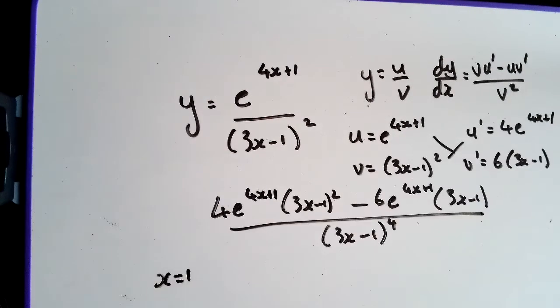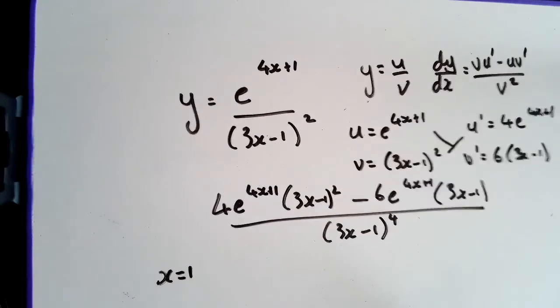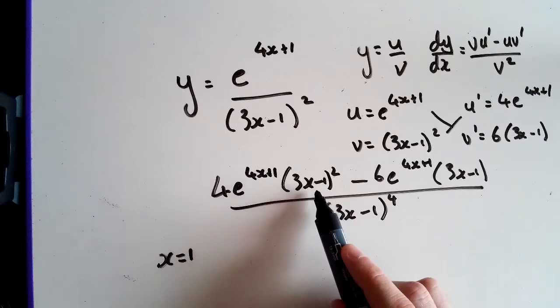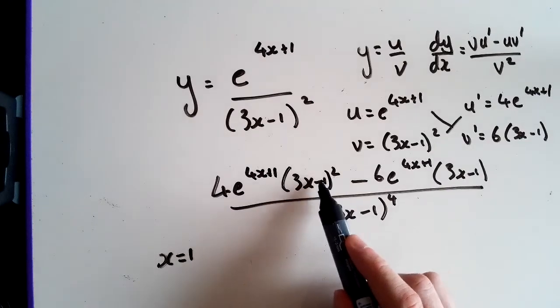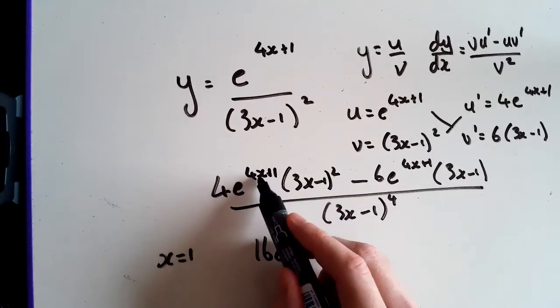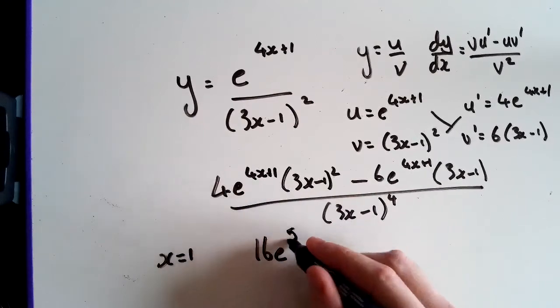Now watch, again, I'm not using the calculator. If I sub in 1 to the first term, I get 3 minus 1 is 2, 2 squared is 4, 4 times 4 is 16, so it's 16 e to the power of 4 plus 1 is 5.